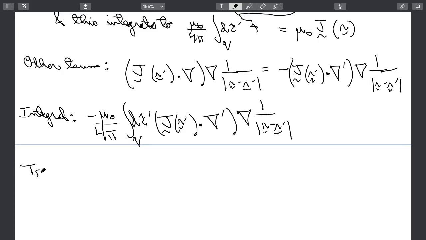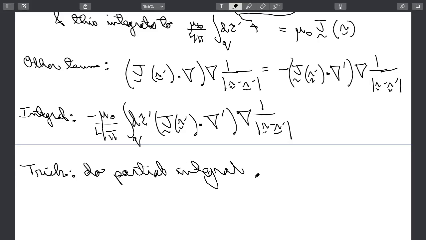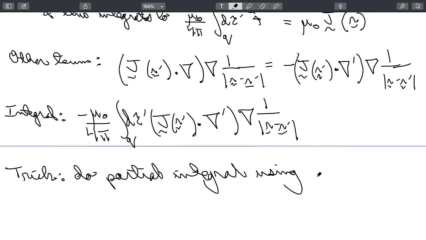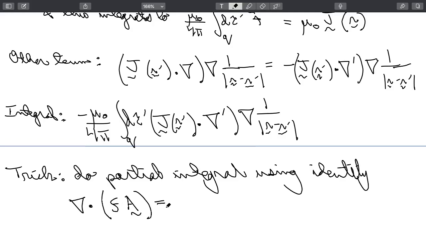So trick here. We want to do a partial integral using the identity that if I take the divergence of some function times some vector field, this is just f times the divergence of a plus a dotted into the gradient of f.